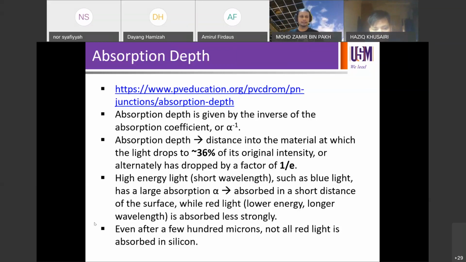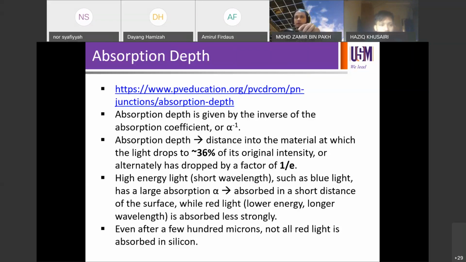So when the light is incident on the semiconductor material, high energy light or short wavelength light, or high energy photons, will be absorbed at the surface. This is your semiconductor material, and we know that our incident spectrum, if you talk about the sun spectrum, for example, consists of a UV portion, visible and also IR.